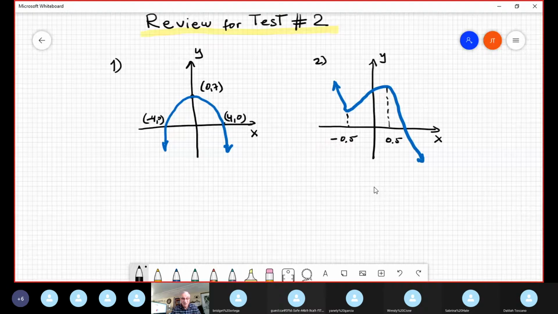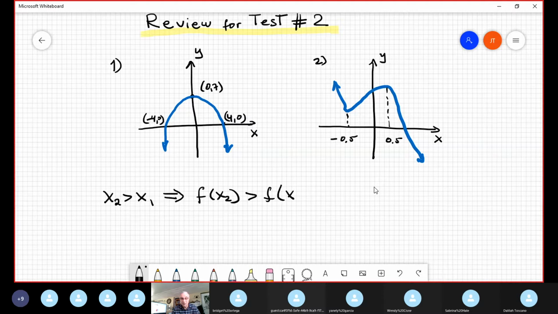Look at that. Suppose that we have two values of x, where x2 is greater than x1. This implies that f(x2), which is the y value, is greater than f(x1). When this happens, the function is increasing.